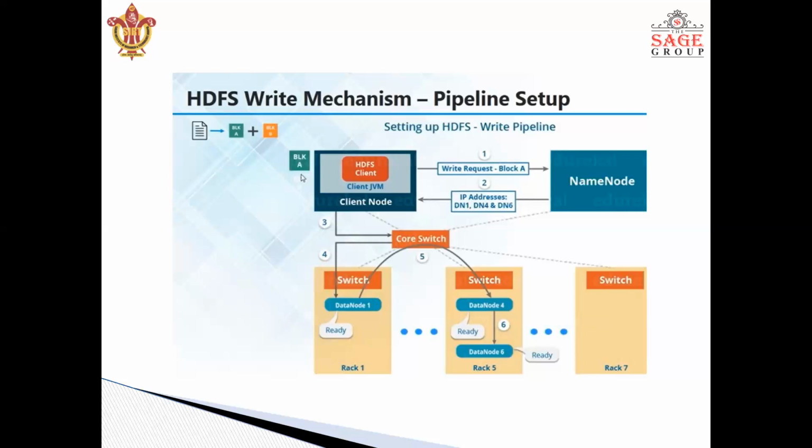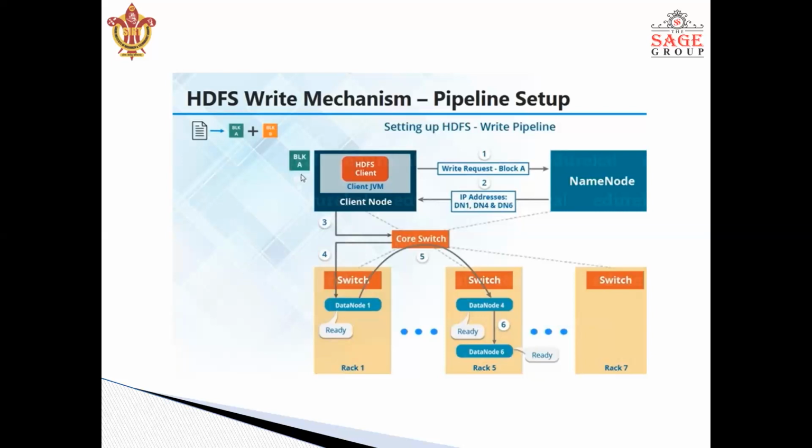The name node gives the IP addresses of data node 1, data node 4, and data node 6, as shown in the slide.